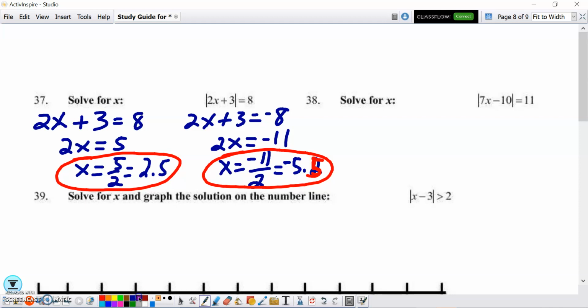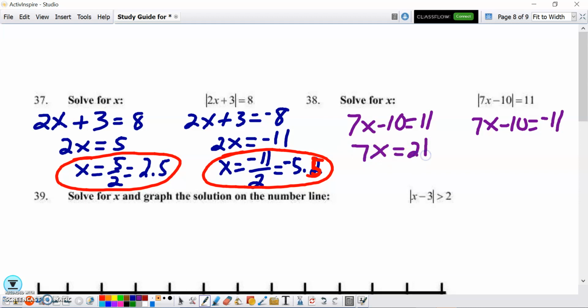Okay, real quick, the next one. So add 10, divide by 7. Just leave your answer as 3.